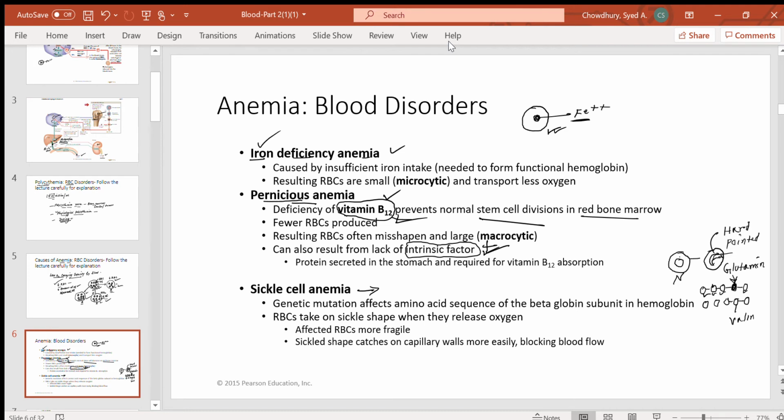So if that happens, this valine is not good. It will change the shape of the hemoglobin. See, only a small change in the amino acid chain will convert the normal hemoglobin to sickle cell hemoglobin, okay, abnormal hemoglobin.